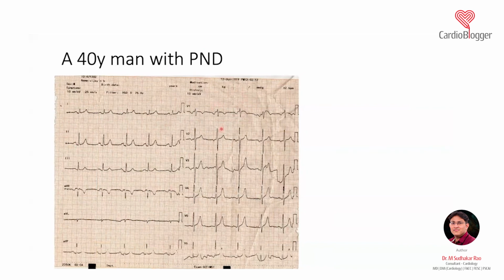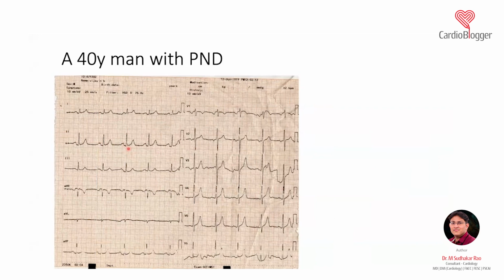So these two things suggest that there is definitely some form of atrial enlargement in this ECG. This negative V1 suggests a left atrial enlargement, and this biphasic hump also suggests a left atrial enlargement.